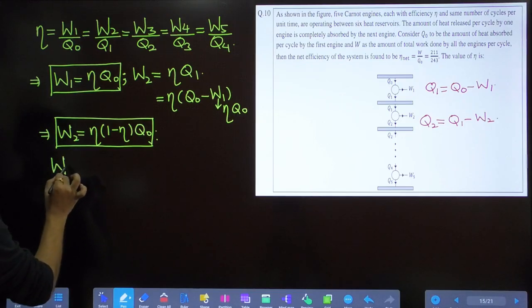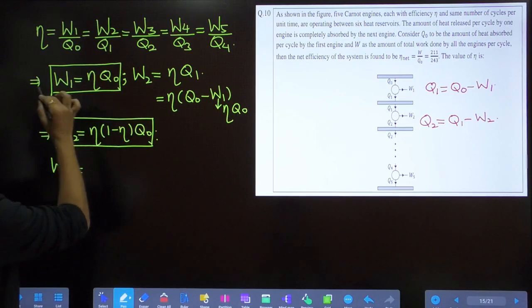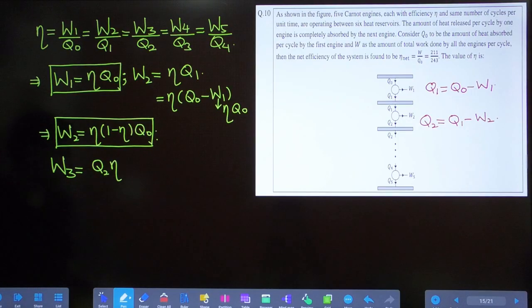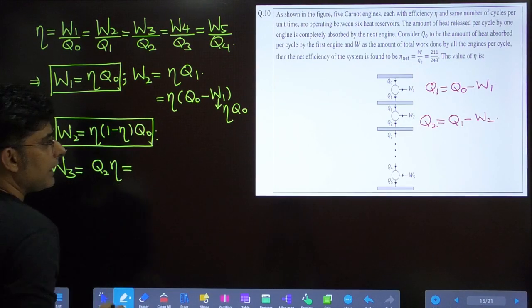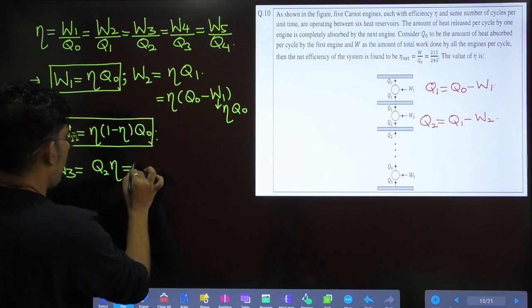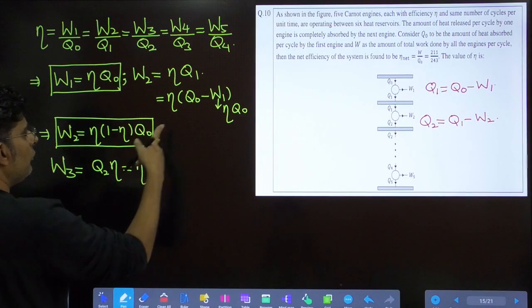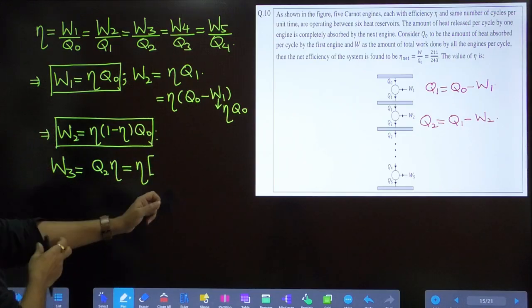Similarly, when we write W3, it is Q2 into eta, and Q2 can be written as Q1 minus W2.